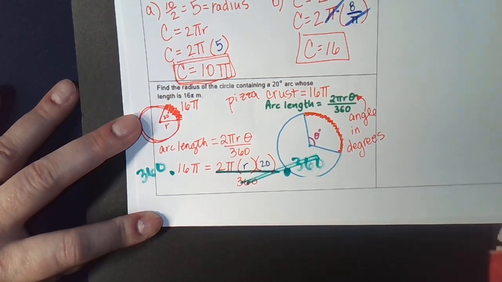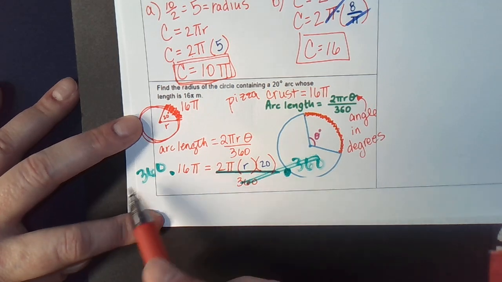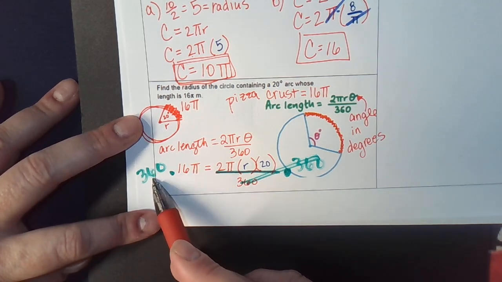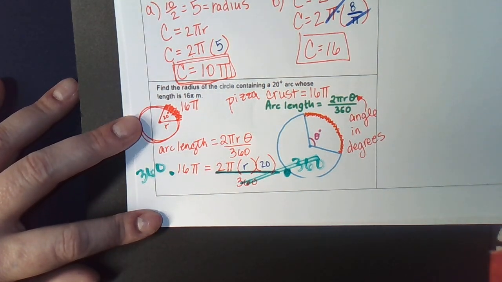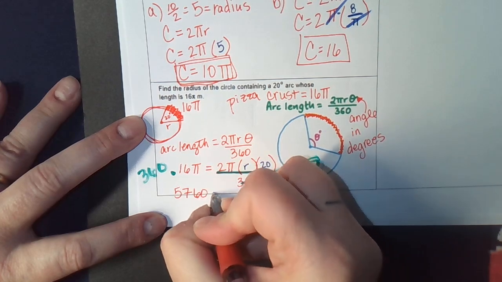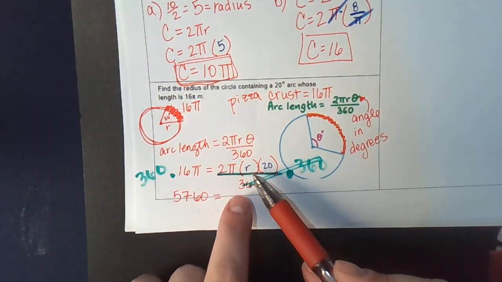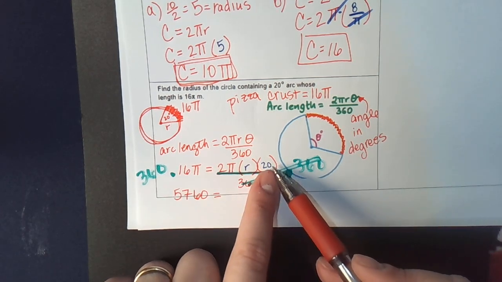Okay, so we get 360 times 16 pi, and I'm just going to multiply the 360 and the 16. And we get 5760 equals, what is it equal to? 2 pi r times 20.